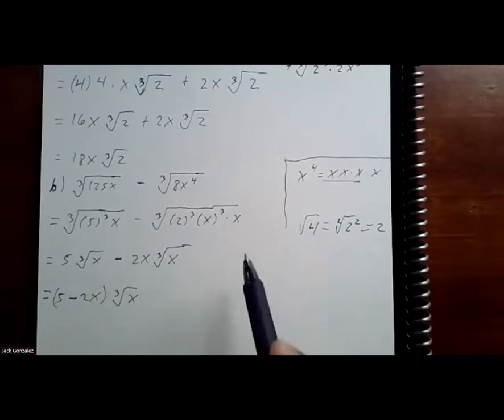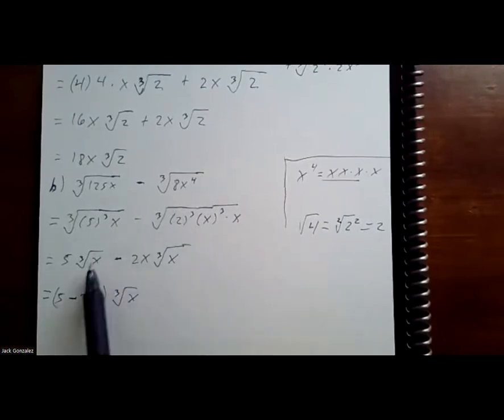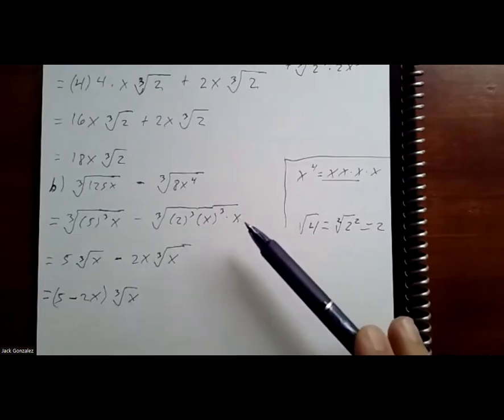But if it makes more sense to think of it as a factorization, right? I'm factoring cube root of x out of both of them and putting it in front. That is equivalent. I don't care how you think about it. That's the same. Any questions about part B?